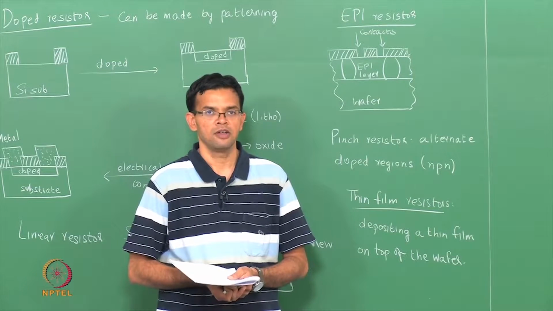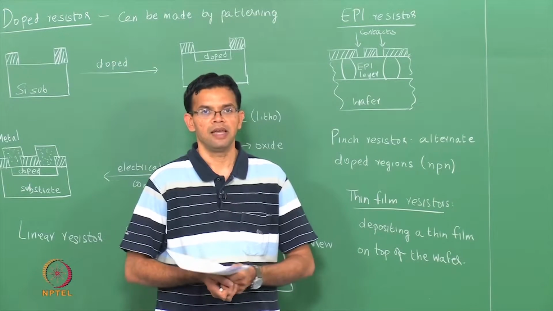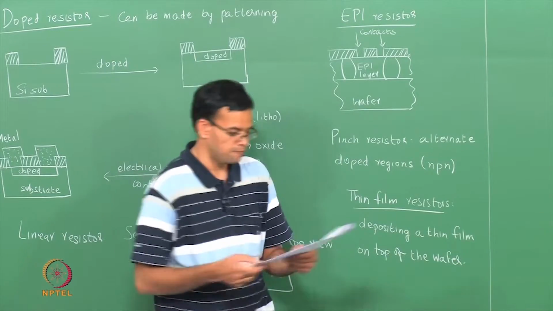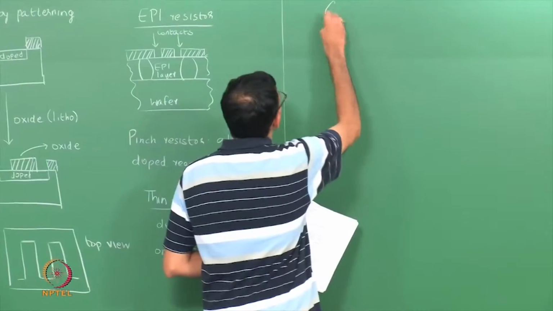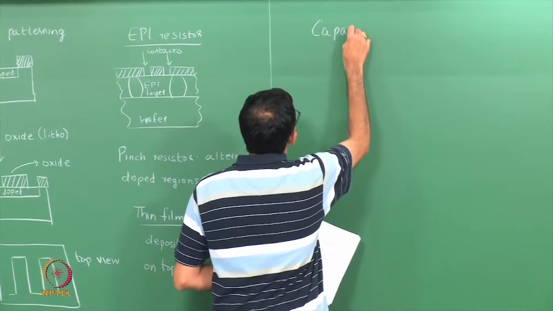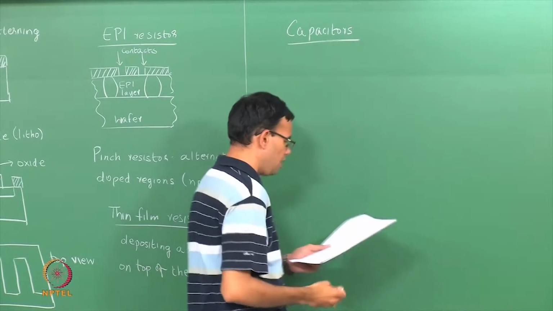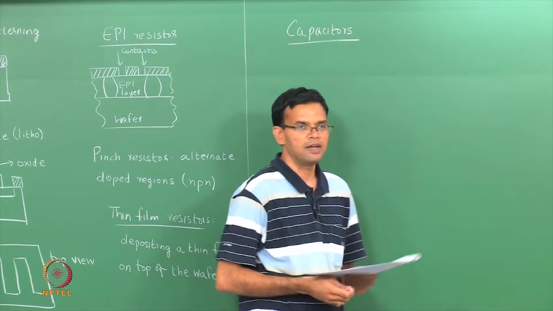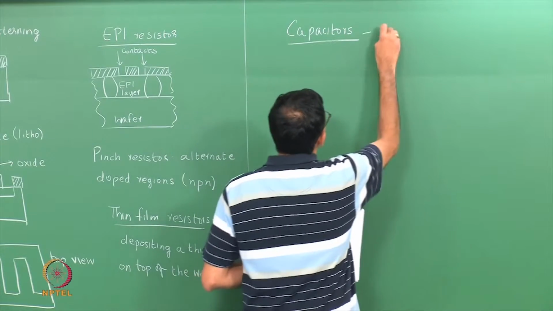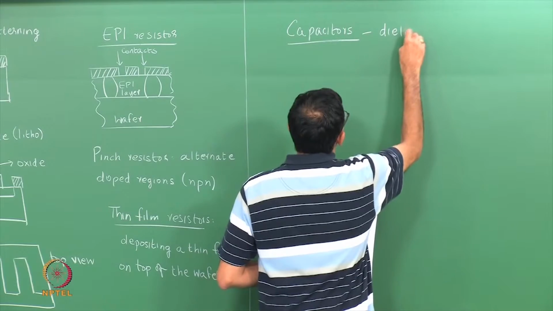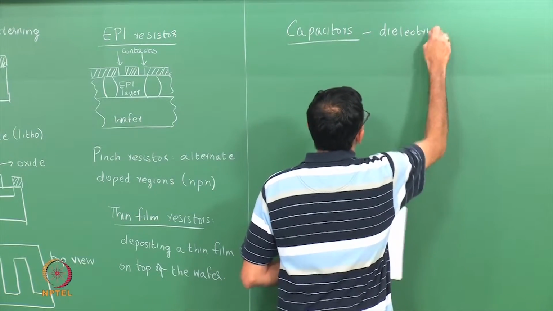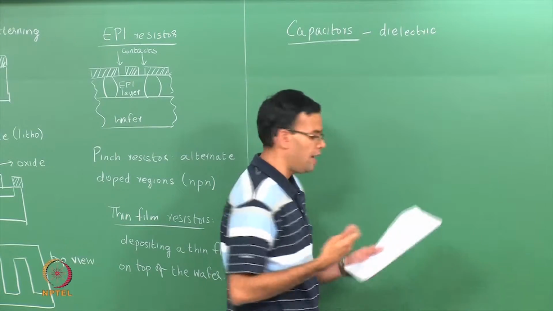We will next look at some examples of capacitors. A capacitor is nothing but a dielectric layer that is sandwiched between two electrodes.